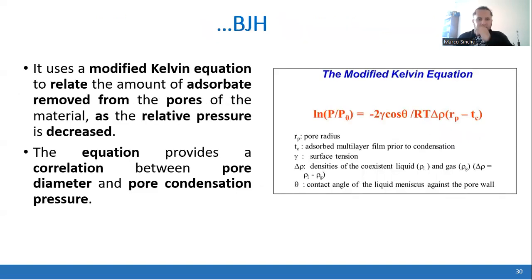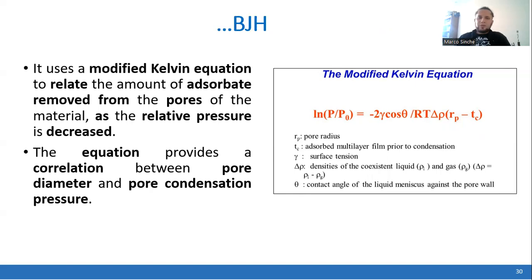The modified Kelvin equation is used to relate the partial pressure that is applied through the gas to the material with the amount of the adsorbate that is removed from the pores of the material when the relative pressure is decreased.